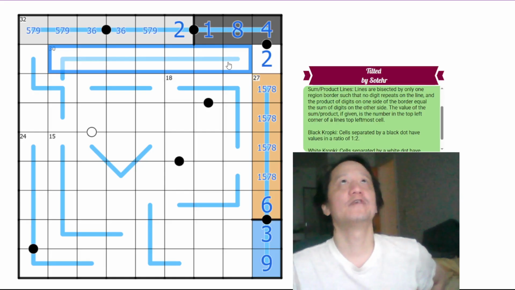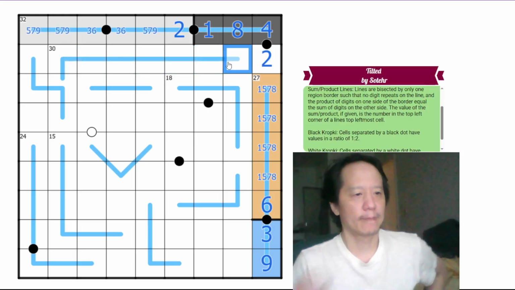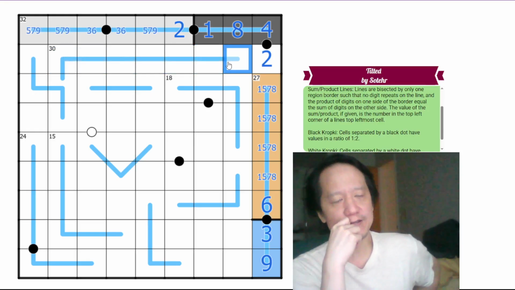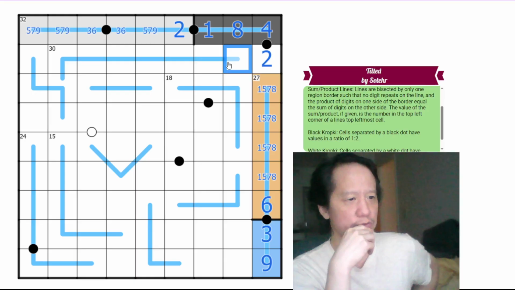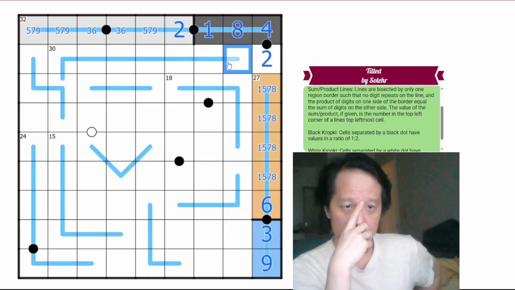So 5 has to be on one side to multiply to 30. You need a 5, and you need a 6, a 2 or 3, or a 1.